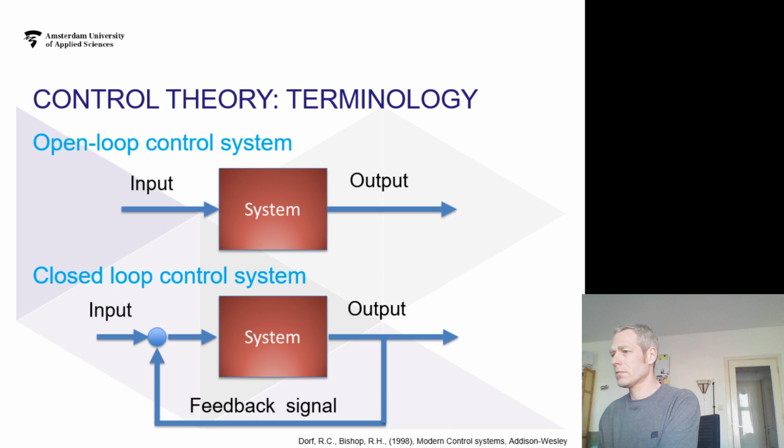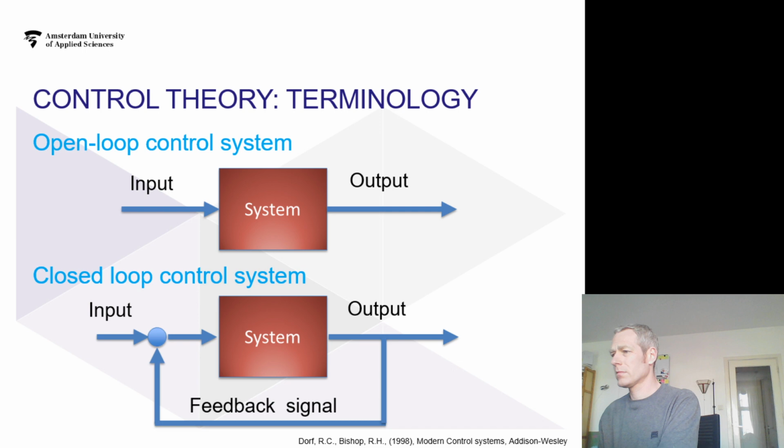The thermostat reads the temperature in the room, which is the output we're trying to control, and tells the burner to turn on or turn off if the temperature gets too low or too high. And this way the temperature in the room stays pretty much constant, although there will be some variations.